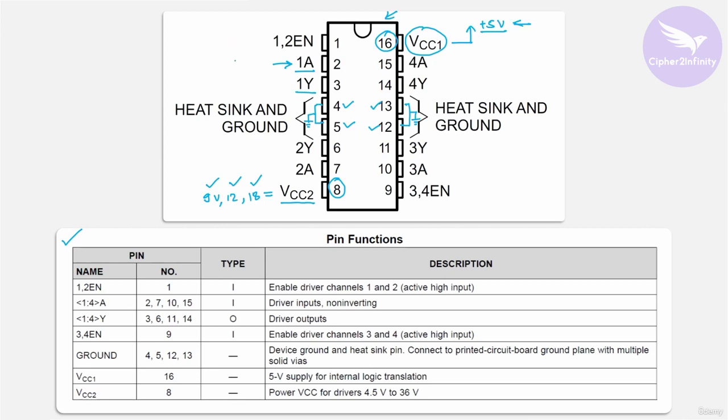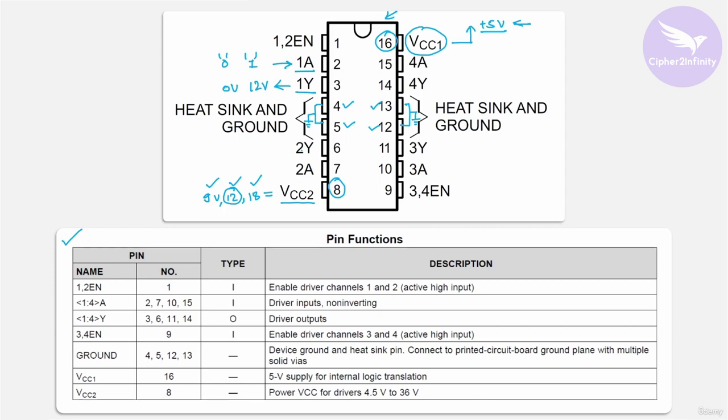Okay. So if you provide logic 1 here, then the supply voltage will be available on this particular pin. If you are using a supply voltage of 12 volt, then 12 volt will be available on this pin. If you provide logic 0, then 0 volt will be available on this pin. In the same way, as I told you, there are 4 drivers in this IC. So this is the input and output of the first driver.